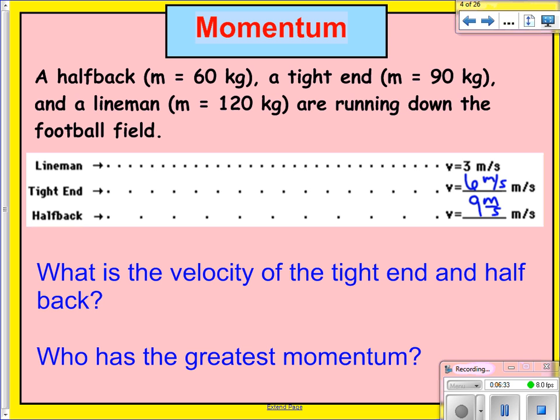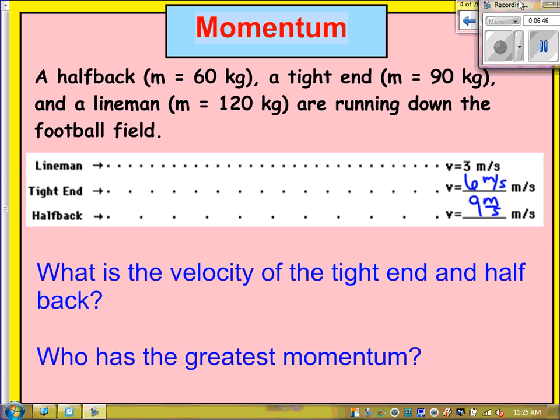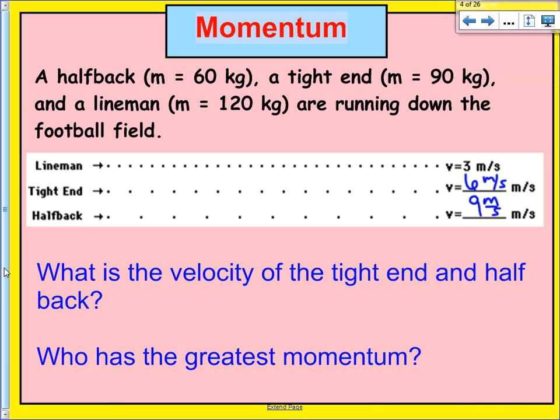Okay, so now that we have the velocities of each, the first question's already been asked. What is the velocity of the tight end and the halfback? We figured that out. And now the second question is, who has the greatest momentum? Remember, momentum is a product of mass times velocity. So we have the lineman, and the lineman, we are told, is 120 kilograms.